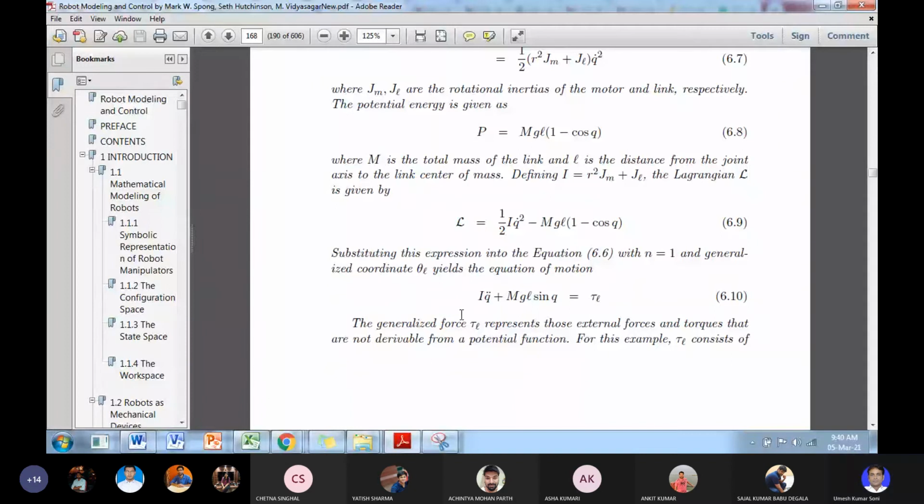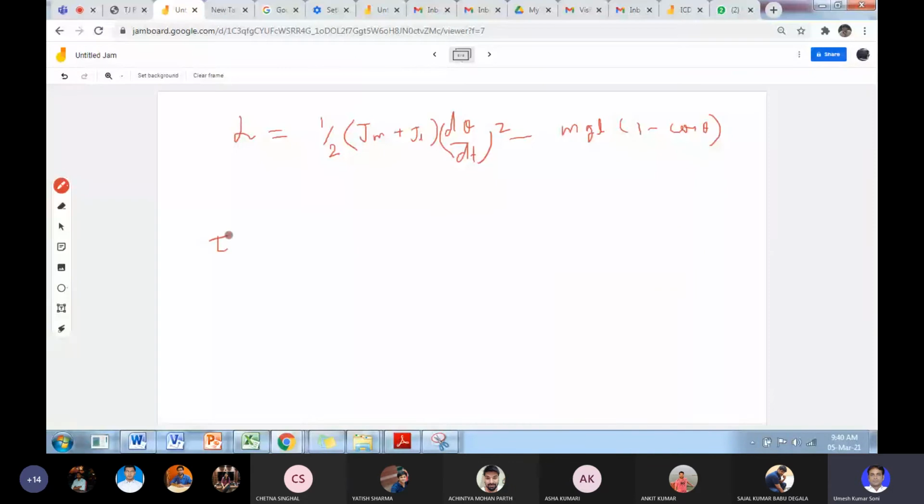You determine torque TL equal to, with respect to theta, the derivative by the Euler-Lagrange equation: d upon dt of del L upon del theta dot.